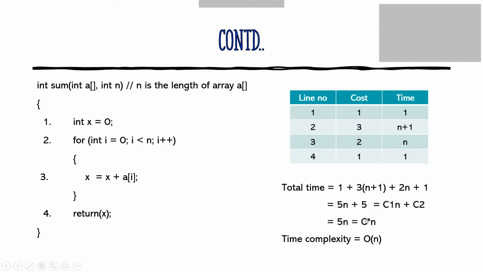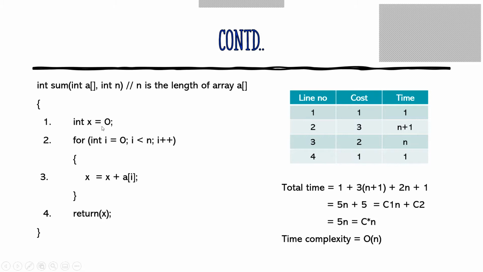For the second line, the cost into time will be 3n plus 1. For the third line, cost into time equals 2n. And for the fourth line, cost into time equals 1. So if you now add up these lines, it will come to 5n plus 5.